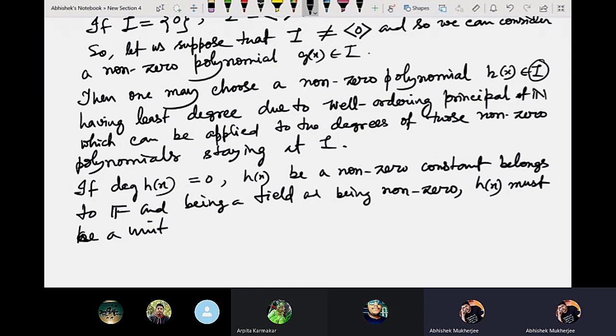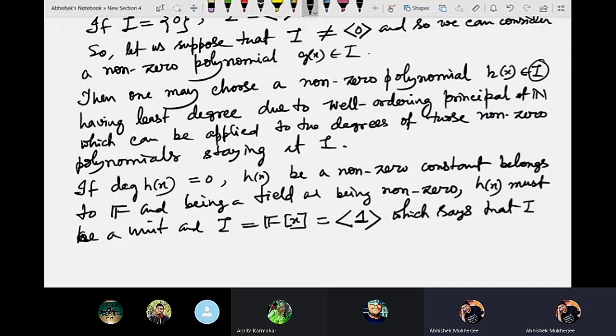And if an ideal contains a unit, then that ideal must be equal to the whole ring. That is, this I must coincide with F[x]. And this is generated by the constant polynomial 1, which says that I is principal.